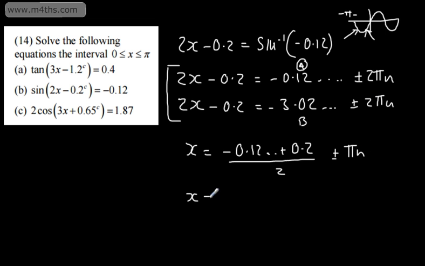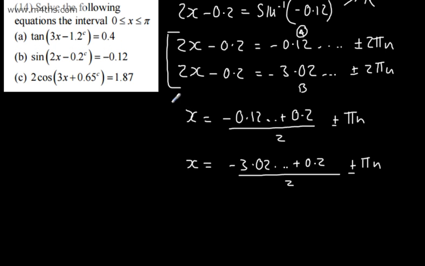And x is going to be equal to negative 3.02 ... plus 0.2 divided by 2 plus multiples of pi. So hopefully you can see what I've done here. All I'm doing, instead of taking all this complication, I'm simply going to add the 0.2 to both sides and split both sides now by 2.